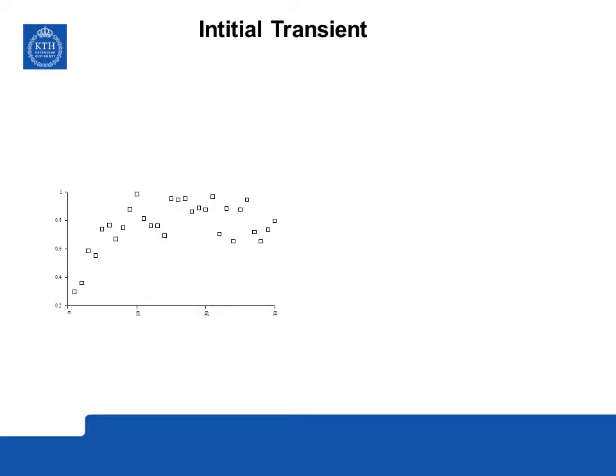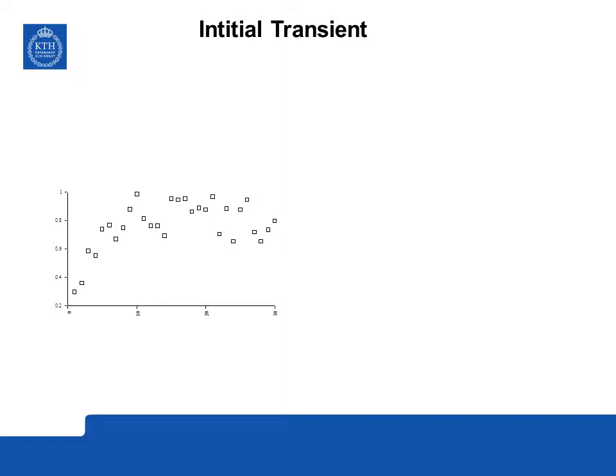Another issue we're going to deal with is the initial transient or the transient phase of a system that we are observing. In many situations, like for instance in a queuing system, the behavior will look very much as in the graph on the left-hand side.